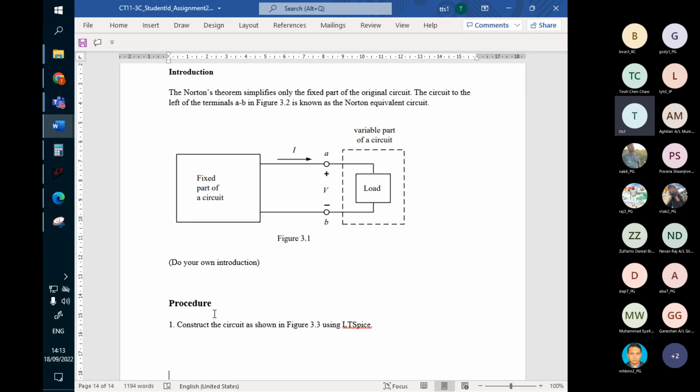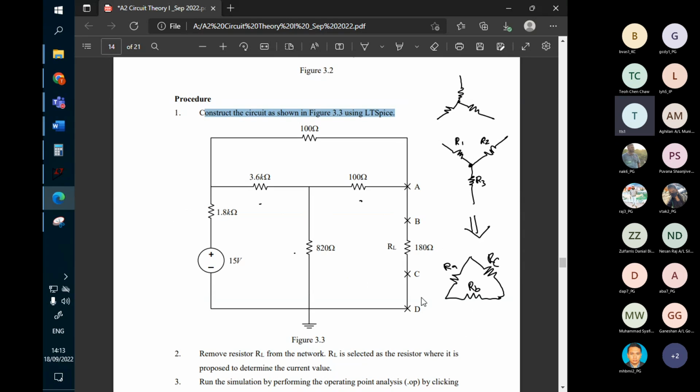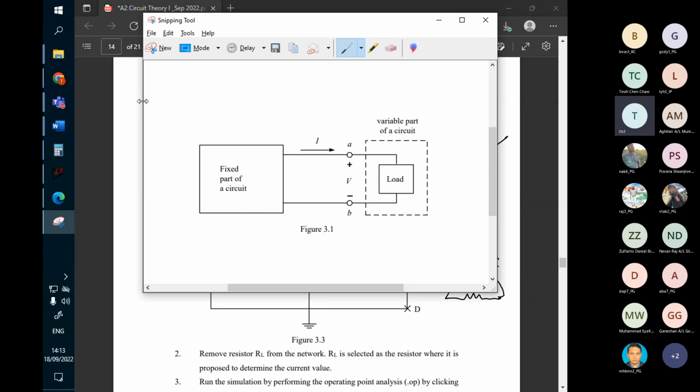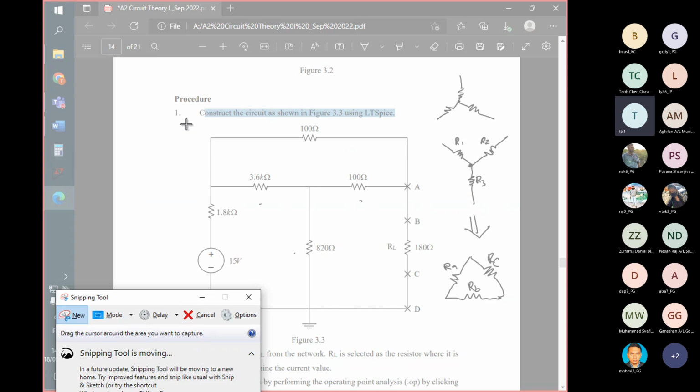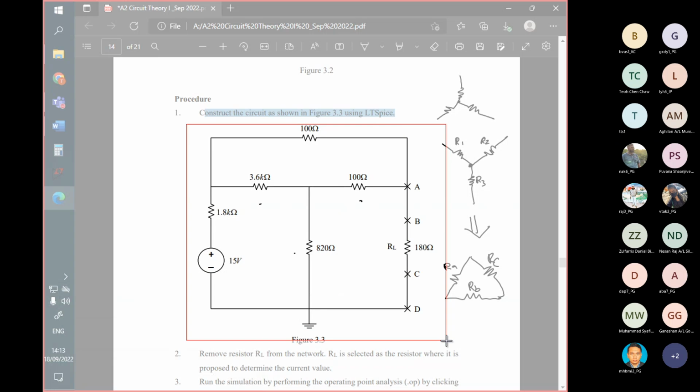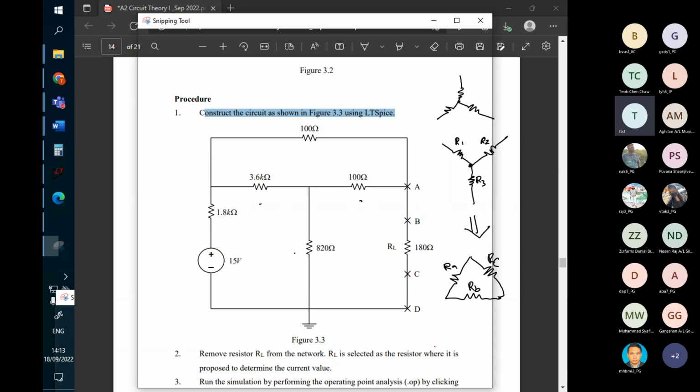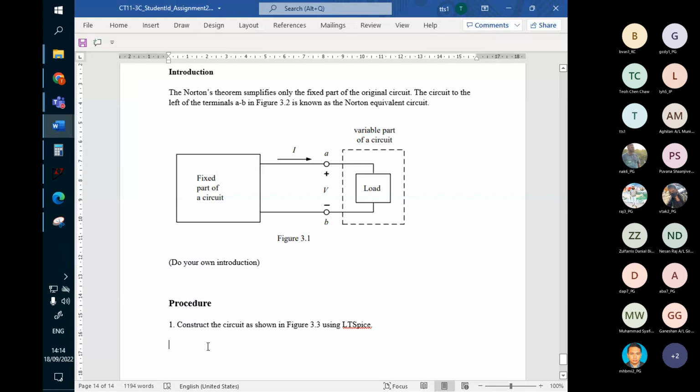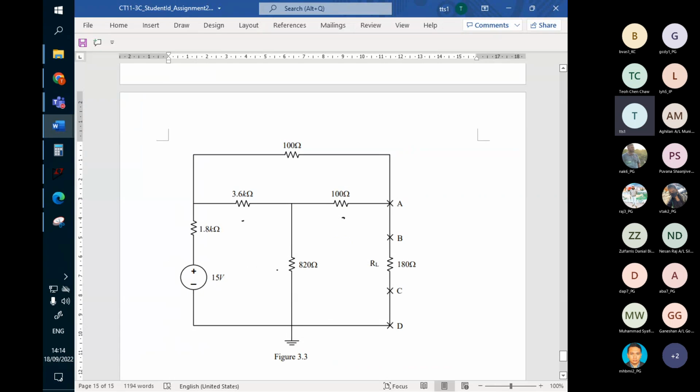Okay, I think I need that Figure 3.3 here. Before I forget, let's put this in also. We are recompiling the worksheet into our report.